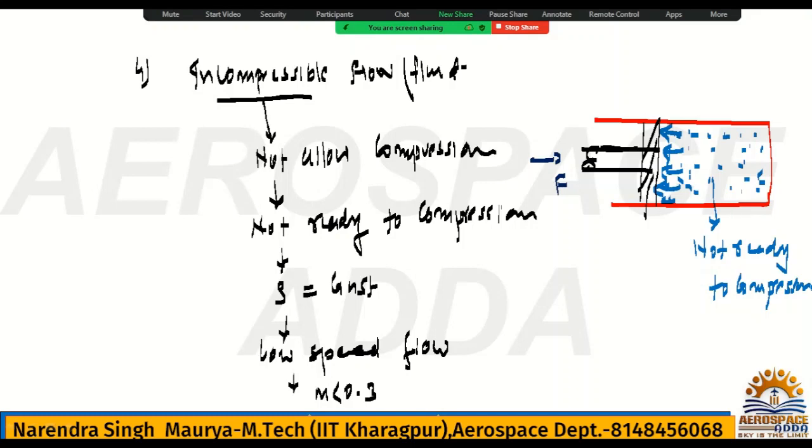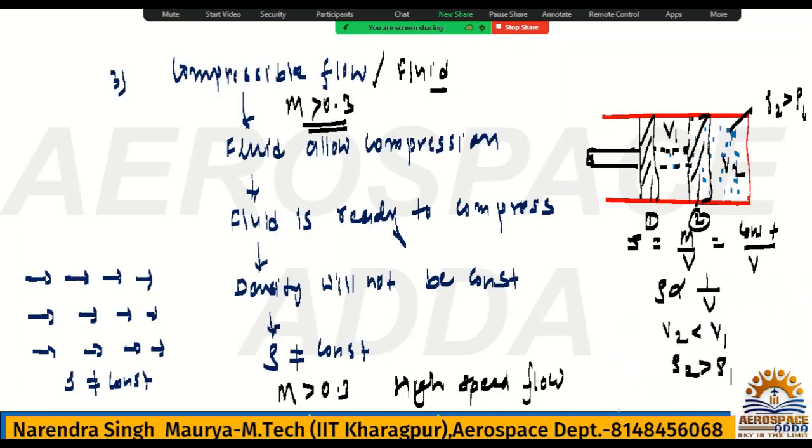What is the example? Water is an incompressible fluid. What is the example for the other? Air, or you can say gas. Gas or air allows compression, or is easily ready to compress.